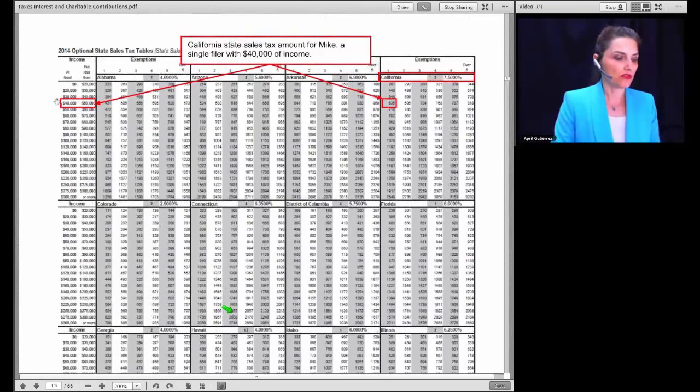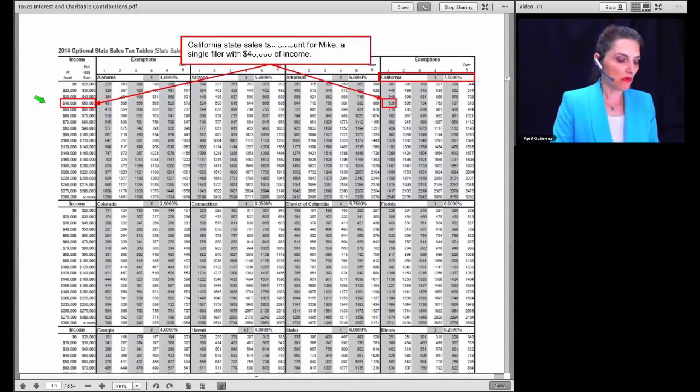And what you do is you look for your income, and then you follow the table across to the state that you live in. And then you ask how many exemptions are you claiming as a resident of that state. And in this particular illustration, we have Mike, who is a single filer claiming 1 exemption for himself. And he is able to claim $635 of sales tax deduction based on income of $40,000 to $50,000.